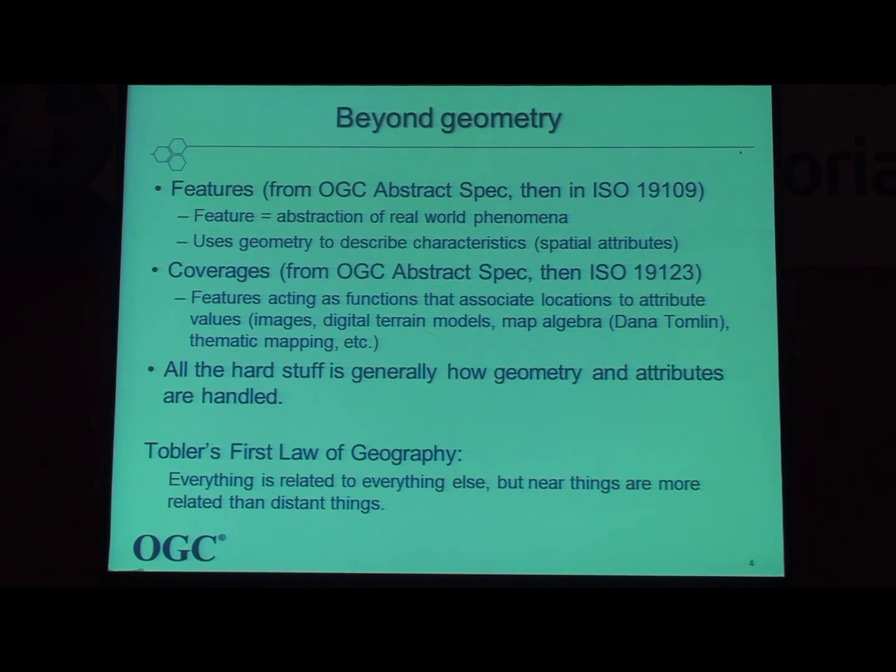What was really happening is there's things you're looking at, things of interest, things you're curious about that you were going to call features. So any real world or even imaginary world phenomena that you want to look at, we're going to call a feature. And some of those features have some attributes, not necessarily one, as many as you want, that somehow need geometry to describe them.